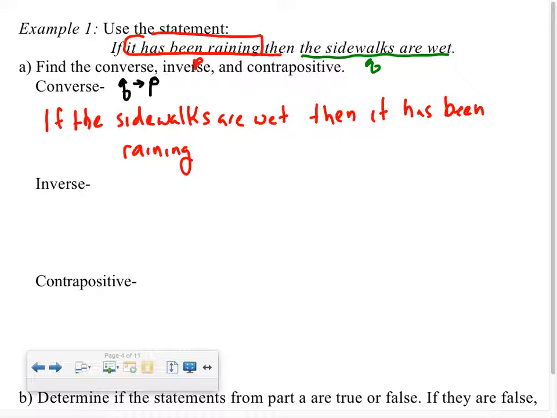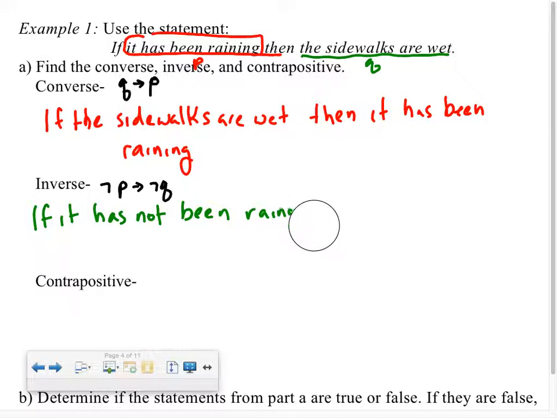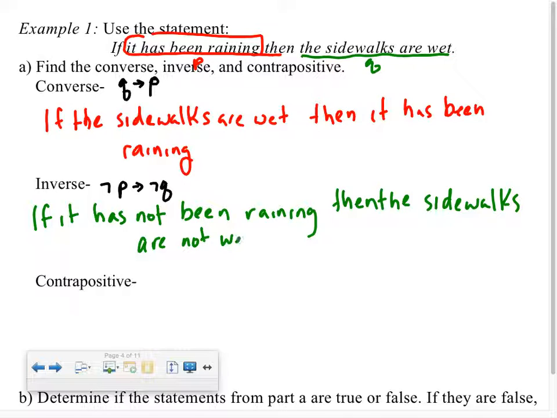The inverse, recall that's when you negate the hypothesis and conclusion. So I'm going to write this one out. If it has not been raining, then the sidewalks are not wet.